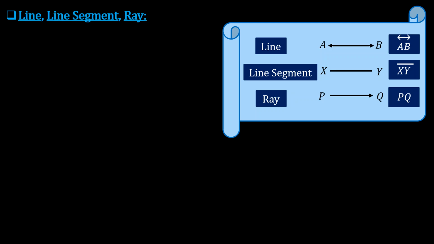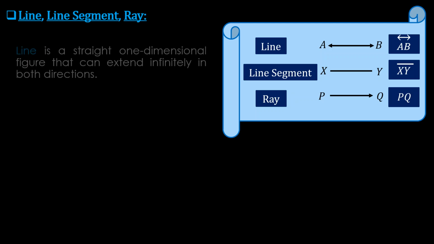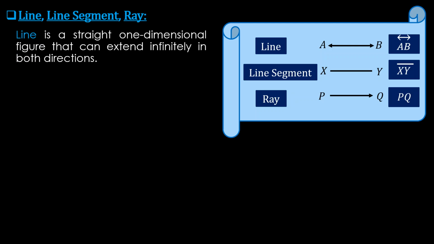Line, line segment and ray. Line is a straight one-dimensional figure that can extend infinitely in both directions. So here this is a line. Its name is AB.